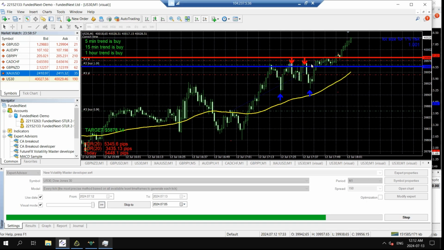So it's closed a portion of it out. The reason for that is simply to realize some profit while that trade's in big profit, just in case the market retraces. At least then you've closed out some while it was in good profit.